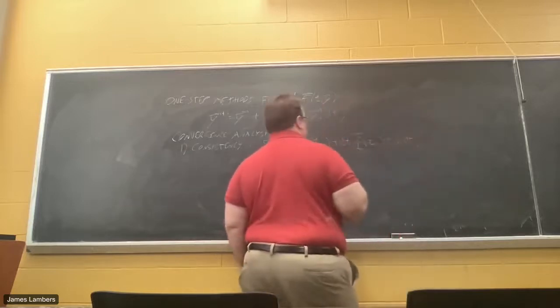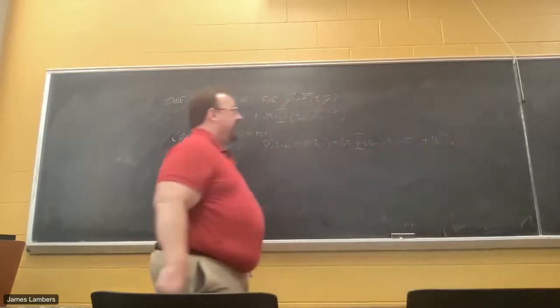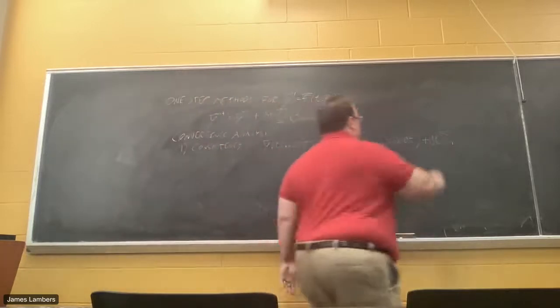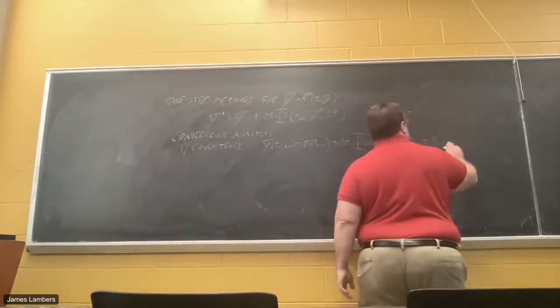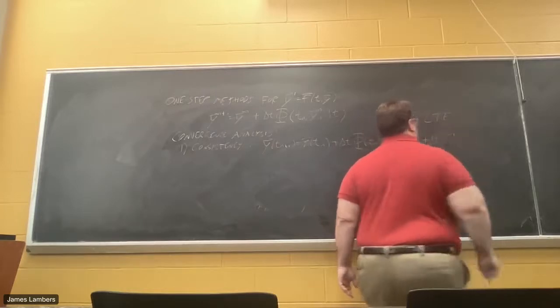All right, and then you add on to it delta t times tau_n. So tau_n is the local truncation error, LTE.